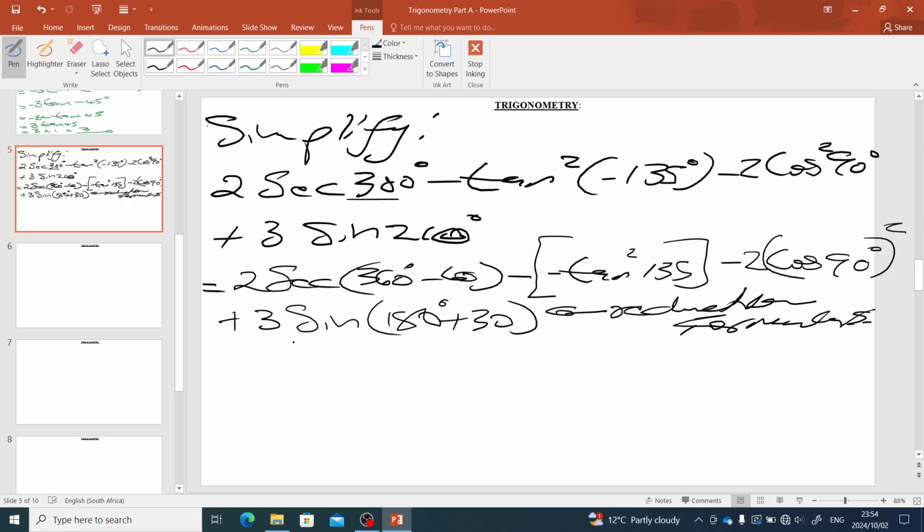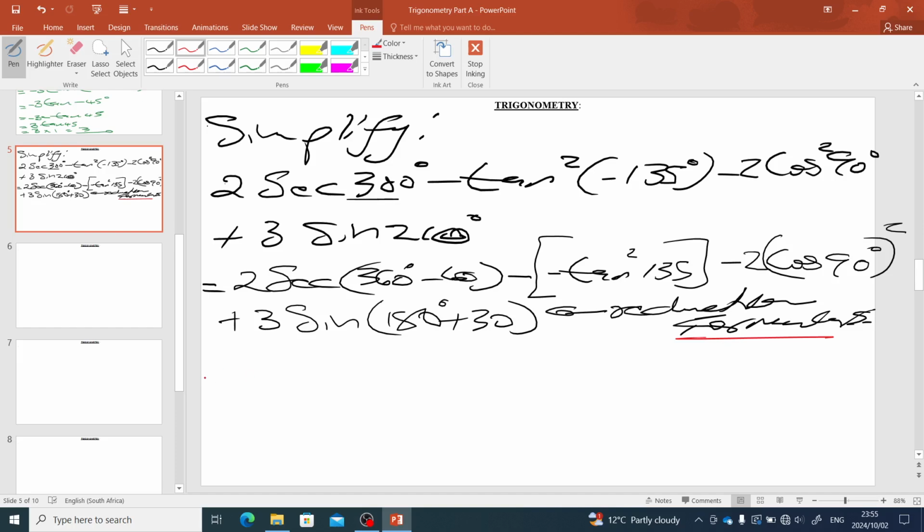That which I did here was the application of reduction formulas. And again, we've applied the negative angle identities, converting the negative angles to positive angles. Now, let us apply that principle again under your acute angles.